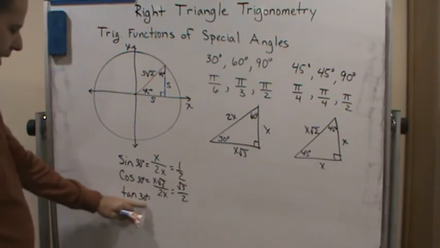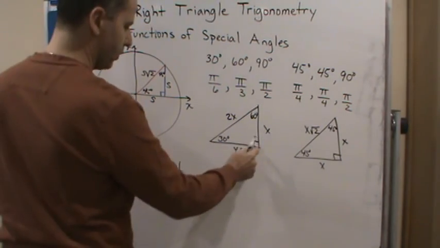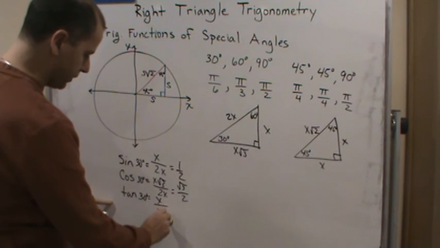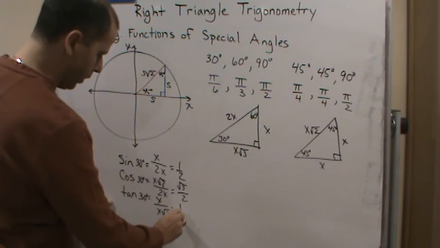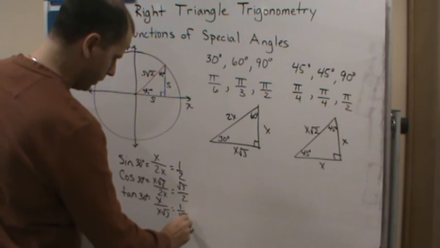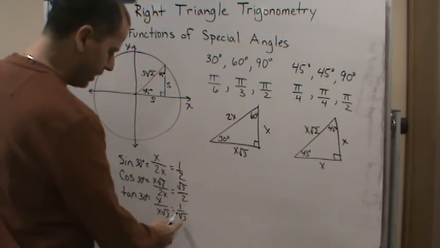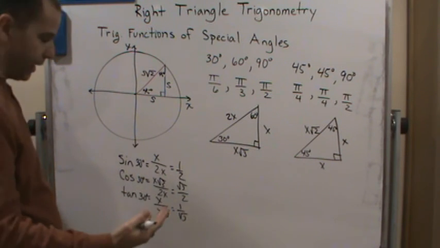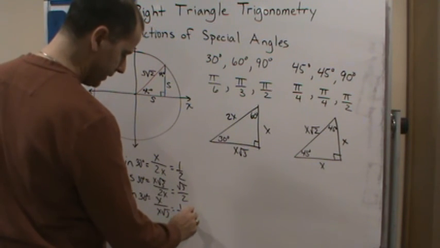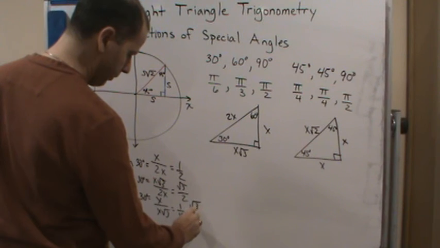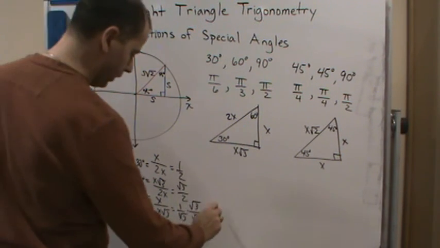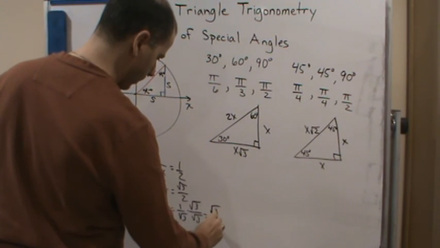And then finally, the tangent of 30 degrees is opposite over adjacent, and that's going to give me x over x times the square root of 3, which gives me 1 over the square root of 3. In this case, we wouldn't leave the square root in the denominator, so we would rationalize by multiplying the top and the bottom by the square root of 3, and simplify this to the square root of 3 over 3.